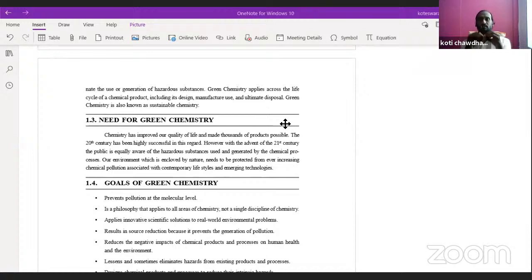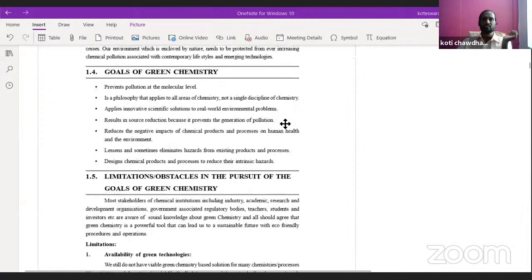That is the reason green chemistry is required: to get useful products which will not harm the human life cycle or human beings and also the environment. These are the needs of green chemistry.